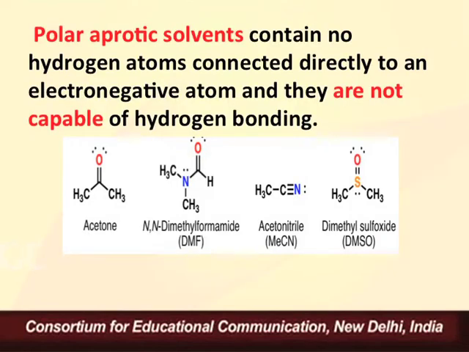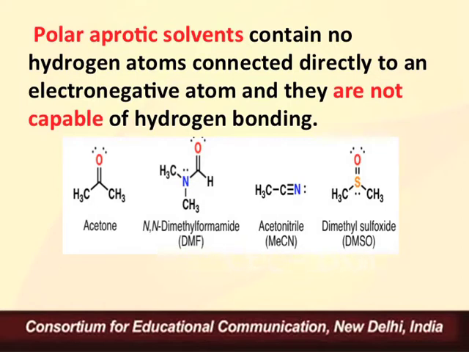Now, if we talk of a polar aprotic solvent, it contains no hydrogen connected directly to an electronegative atom and is not capable of hydrogen bonding. For example, acetone, N,N-dimethylformamide, acetonitrile and dimethyl sulfoxide are all examples of polar aprotic solvents.